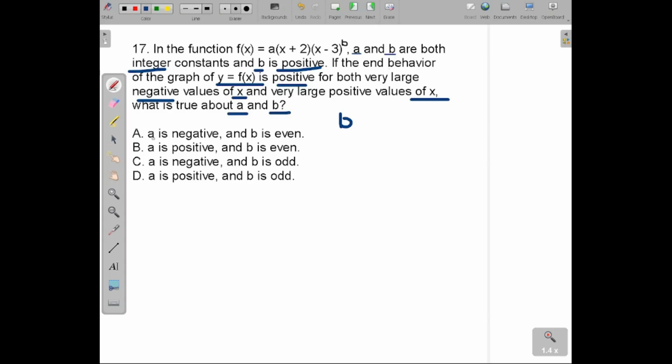So in other words, we need to find if a is positive or negative, and if b is even or odd. And we know that b is positive, so that's for certain. X has values of very large negative numbers, so it could be like negative 1000. And this function has to be positive.